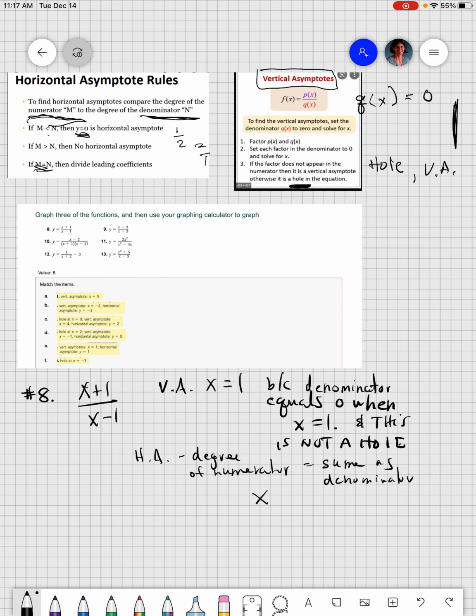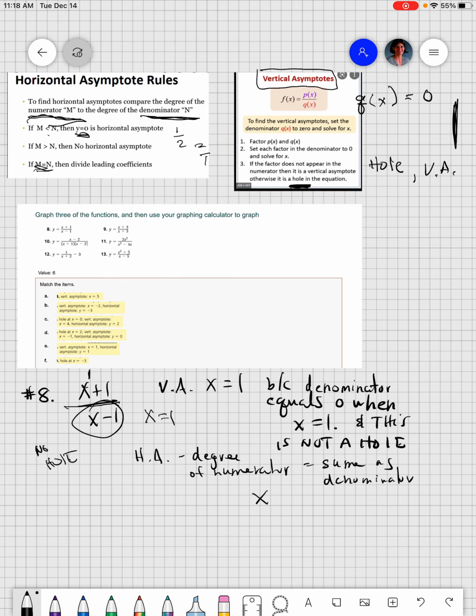So we'll start with 8. So 8, these are factored, right? x plus 1 over x minus 1, they're both factored. Since these do not have the same factors, I have no holes. And then right away I can see that the vertical asymptote is what makes the denominator equal 0. So x equals 1 is my vertical asymptote.